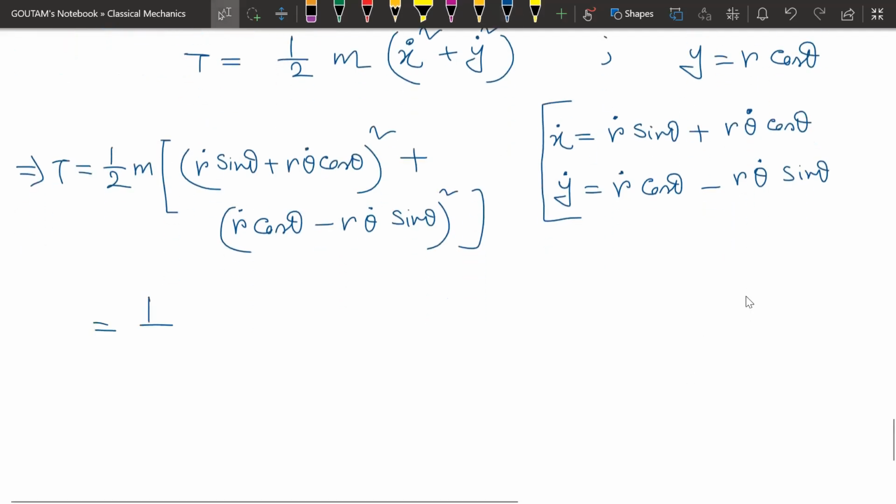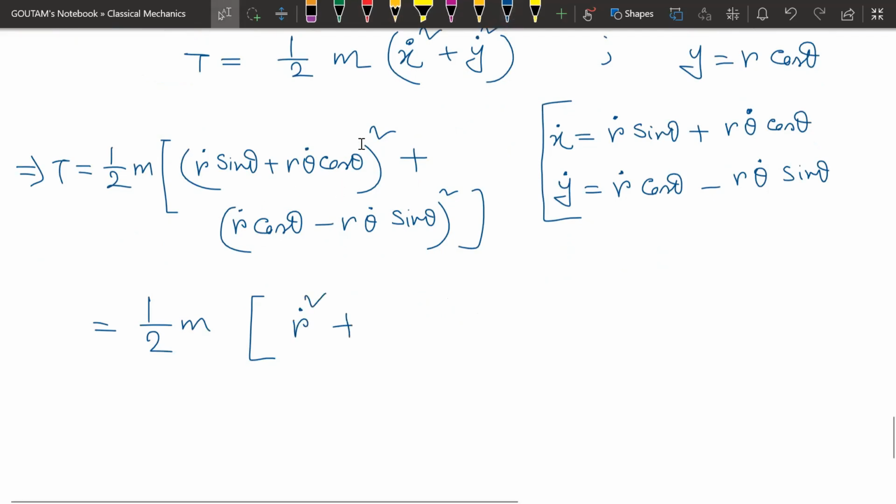From r dot sine theta squared we get r dot square sine square theta, and here we get r dot square cos square theta. We know that sine square theta plus cos square theta is equal to 1, so we get r dot square.